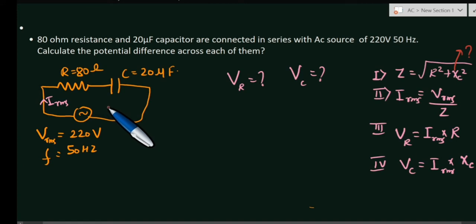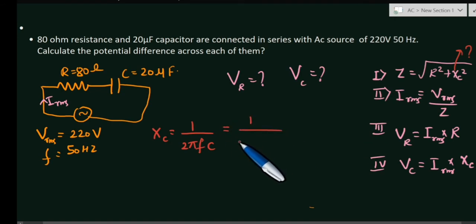So XC is equal to 1 divided by 2 pi f into c. So 1 divided by 2 pi value is 3.142, f value is 50 hertz, and c value is 20 microfarad.